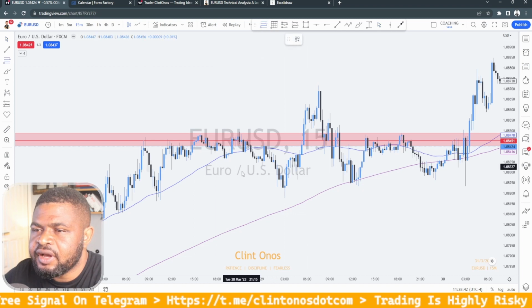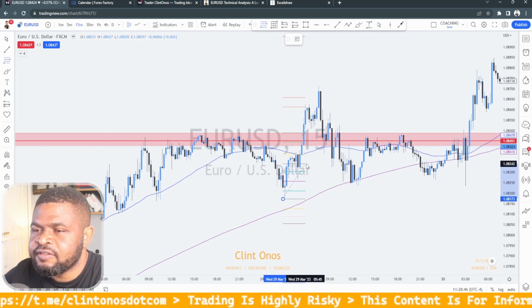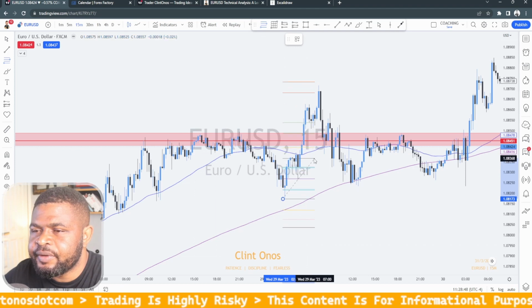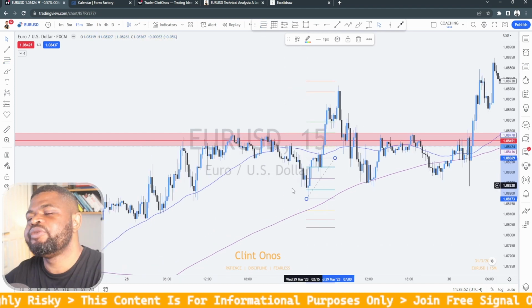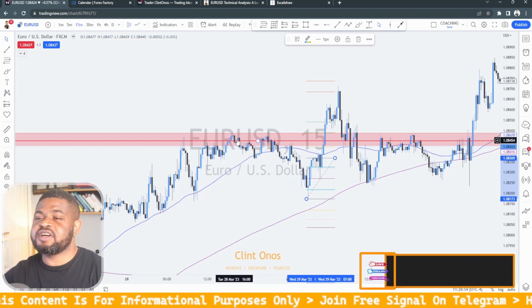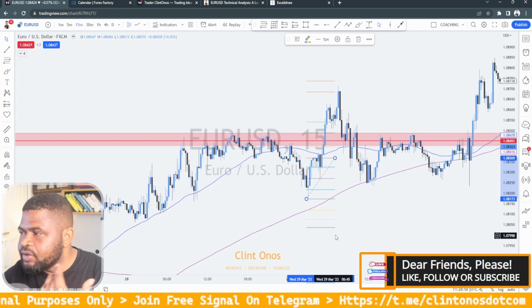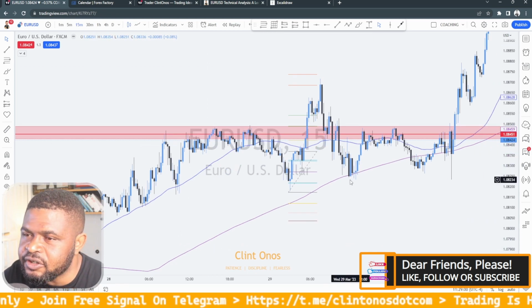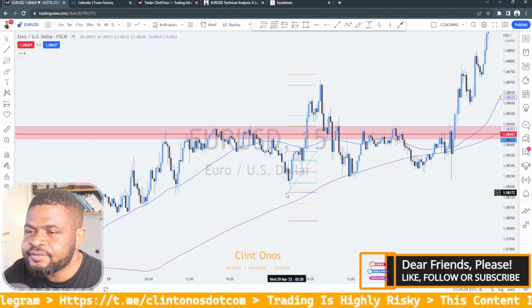Wednesday. I identified this beautiful trade setup, kind of like a break setup, a breakout of this zone. So you reasonably should be expecting that whenever there's a breakout, there should be a pullback for price to balance itself up before it continues upward. So price breaks.